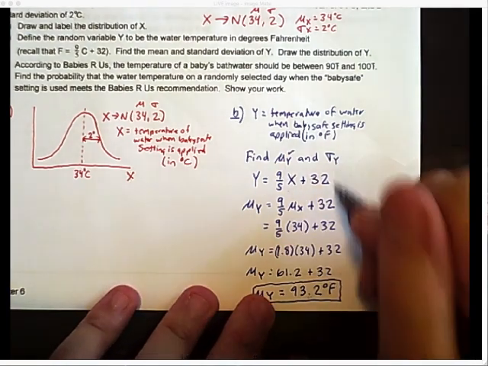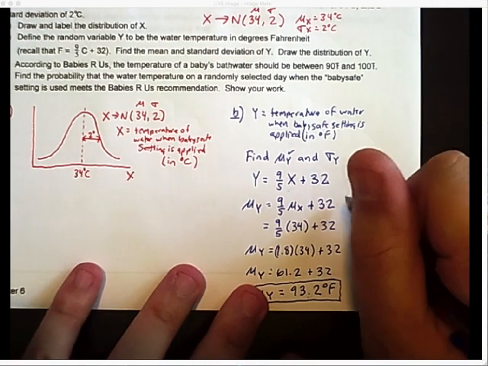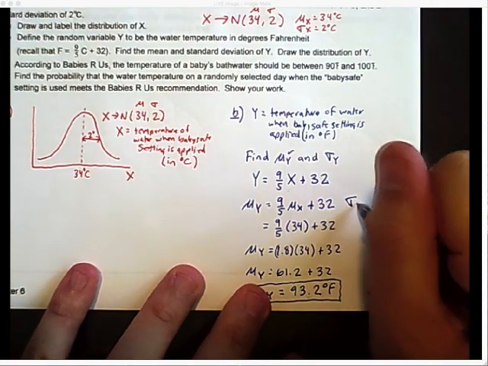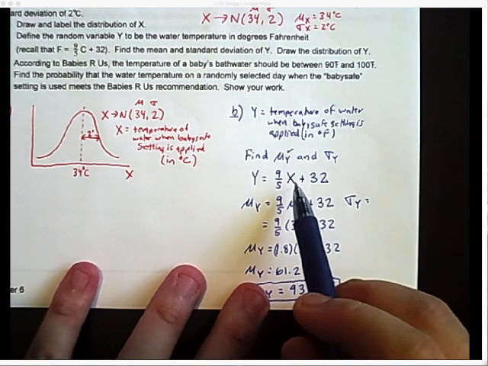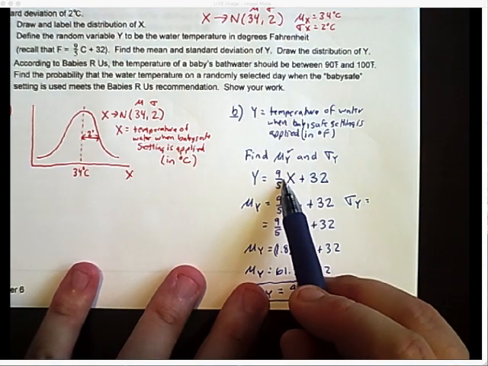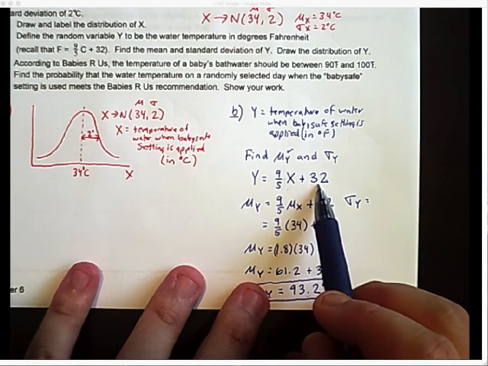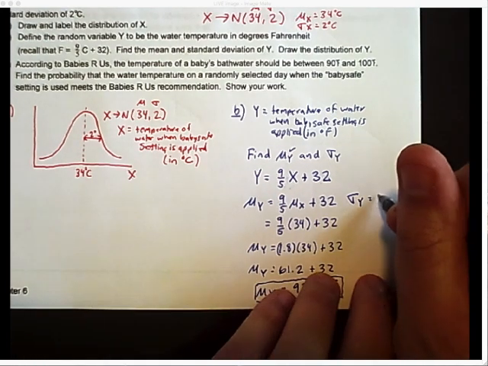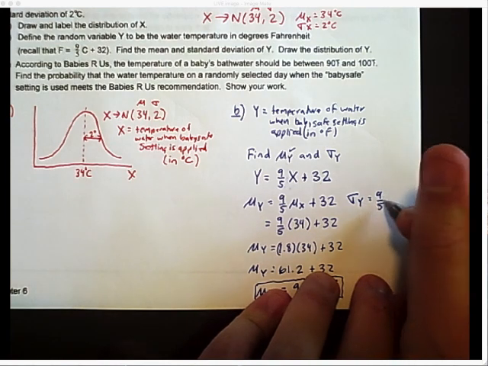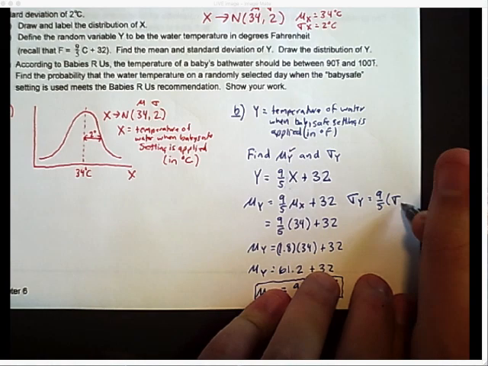Now we have to find sigma sub y. When I find sigma sub y, the standard deviation of y, the only thing that affects that is multiplying. 32 does not affect the spread. Only the 9/5 does. So I have to take 9/5 times the old standard deviation.